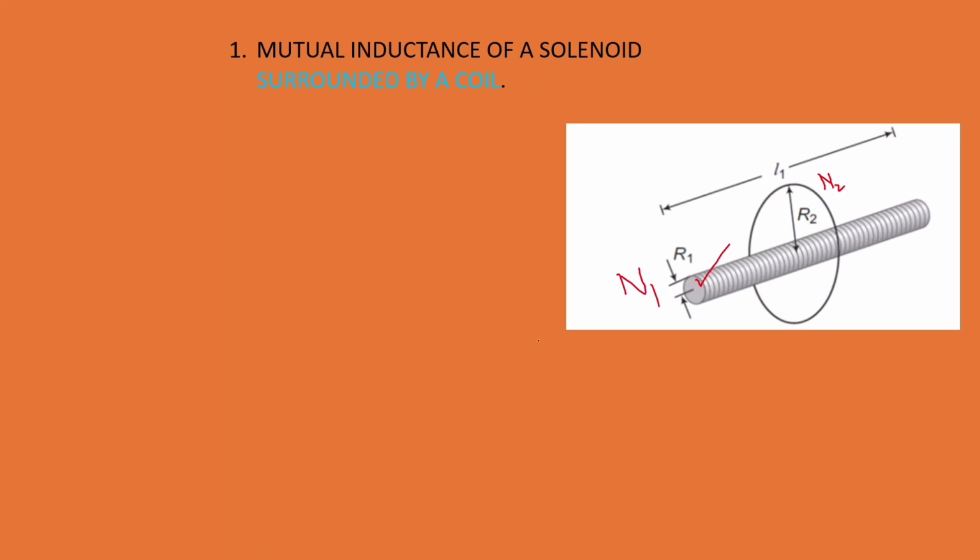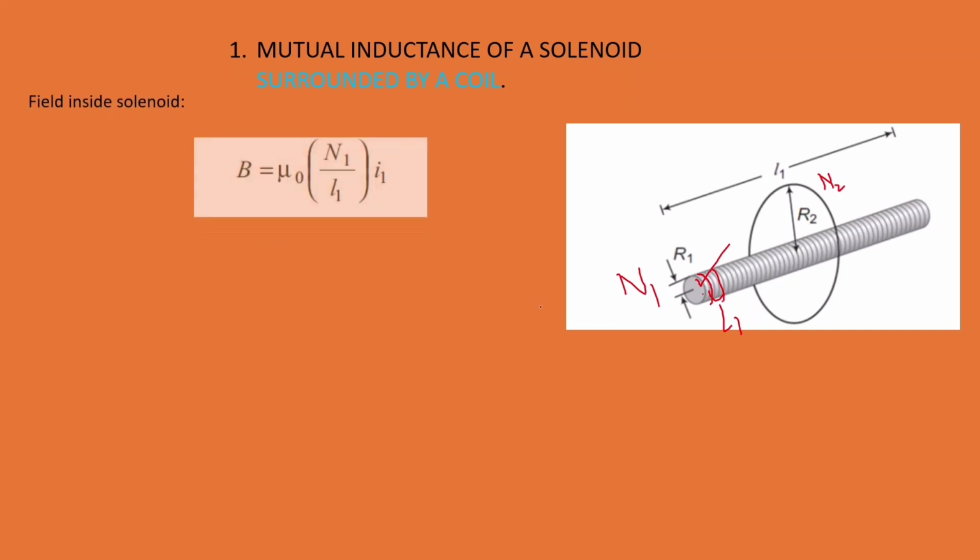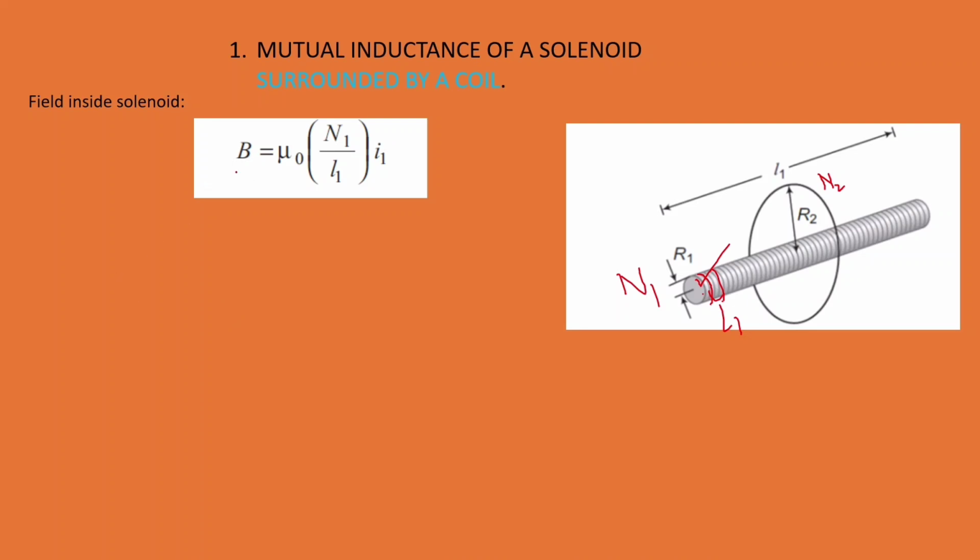Now to calculate the mutual inductance between these two coils of radius R1 and R2, we assume that a current I1 is flowing in this coil. Now due to this current, the magnetic field along the axis of the solenoid is B equals to this value.